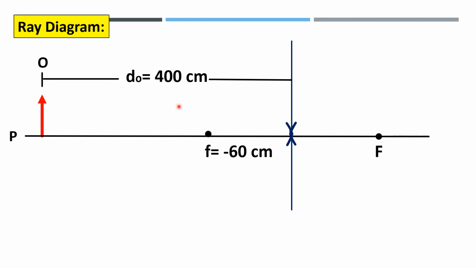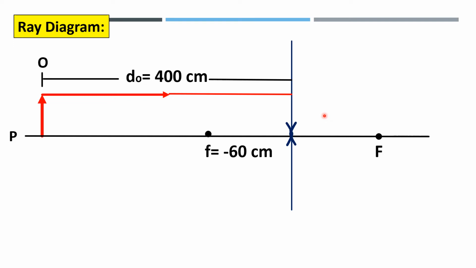So, the first incident ray that we are going to choose out of the several possible incident rays, the most convenient one, is this light ray, which is parallel to the principal axis. When it hits the lens, it's going to be bent, or refracted.